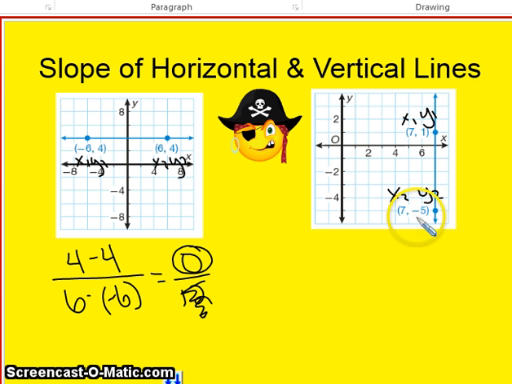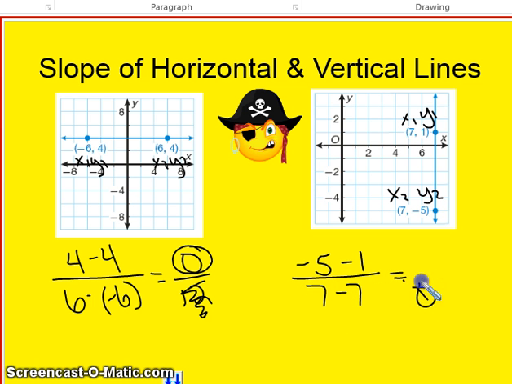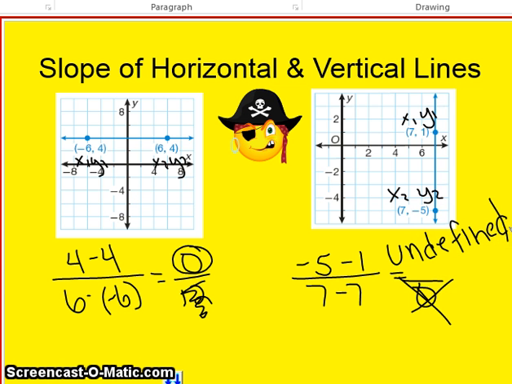So if I put that in my slope formula, I've got negative 5 minus 1 over 7 minus 7. Now notice here, 7 minus 7, my denominator equals 0. That does not work. You cannot divide by 0. So the slope of this vertical line is undefined. And that is true for all vertical lines. Their slope will always be undefined.